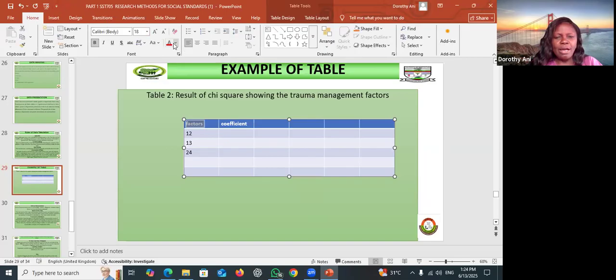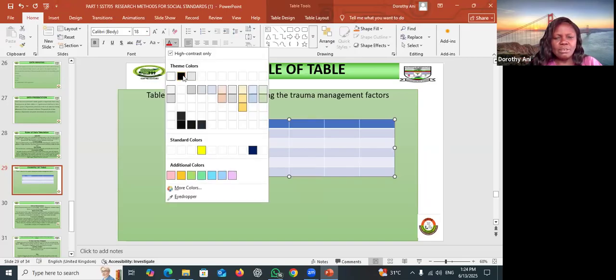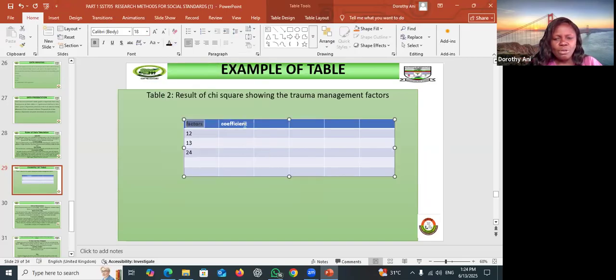So it's not good for you. It's very common to see students, they will write some values under a table, but there's no heading on the column. It's not correct. So I just brought this one so that you will see that the column should have a heading.